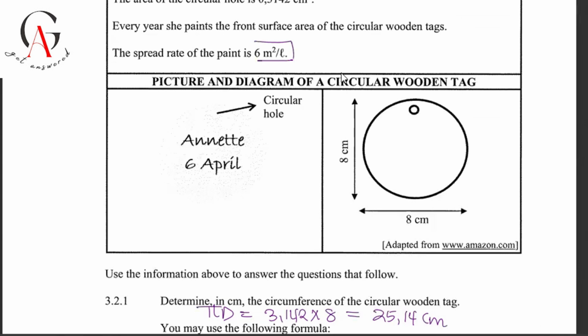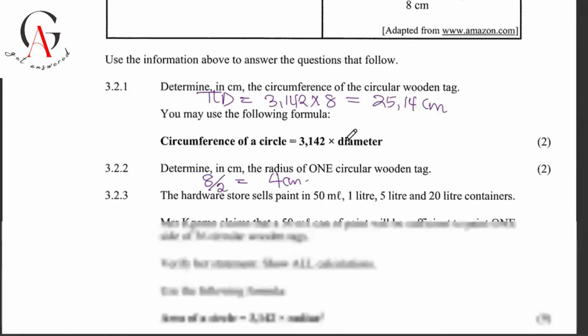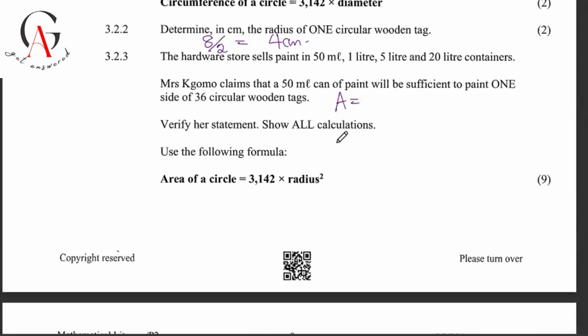Meters squared. So since it's area, it's pi r squared. The 4 we need to divide by 100. So this becomes 3.142 times 0.04 squared.